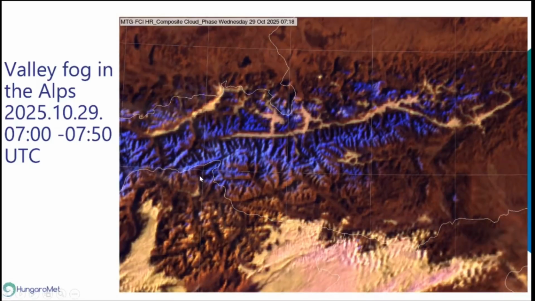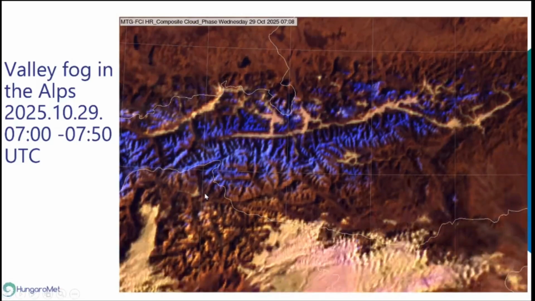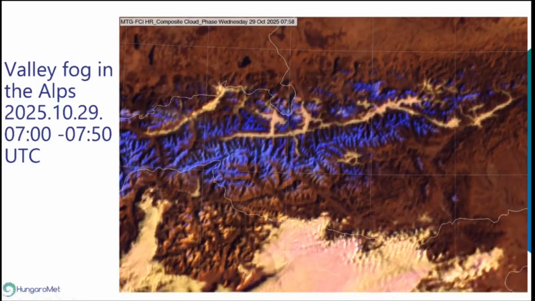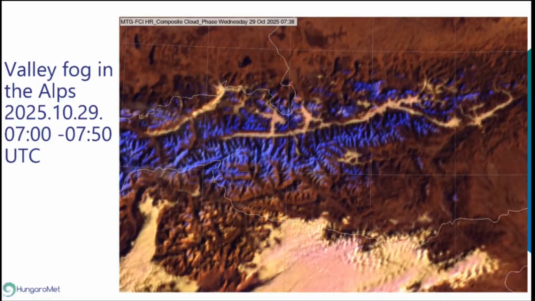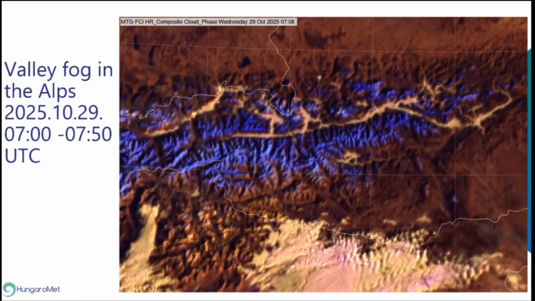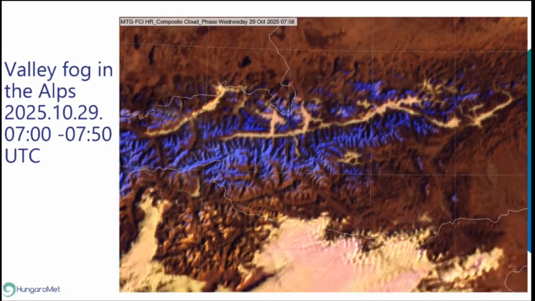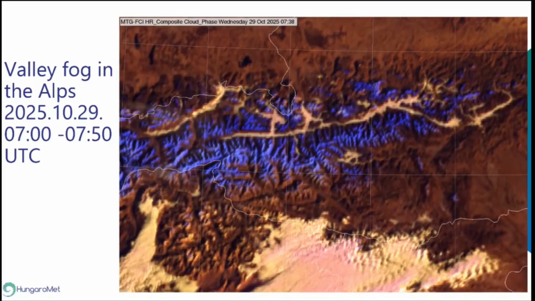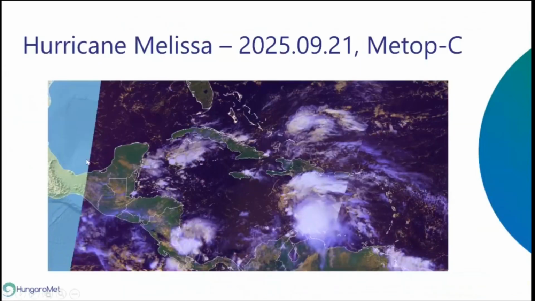We just don't see it because it's masked by the shadow of the mountain. I think this is something we should keep in mind, especially when the sun is getting up in the morning, that we can see quite some shadows, and these can be problematic, especially in cases like this. So that's about the fog.